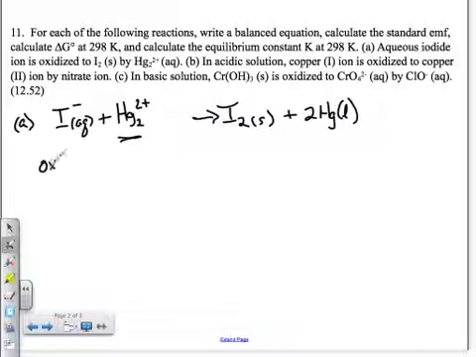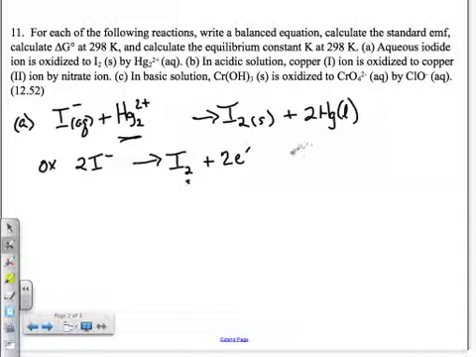So oxidation was the iodine. First thing you do when you're balancing a redox half reaction is to balance the thing that's changing. Since iodine is going from a -1 to 0 and I have 2 of them here, I have to put a 2 in front. This is an oxidation. I'm going from -1 to 0. That's a change of 1, but I have 2 iodines, so the number of electrons is going to be 2. Looking up the EMF for this oxidation, I will look for the iodine.